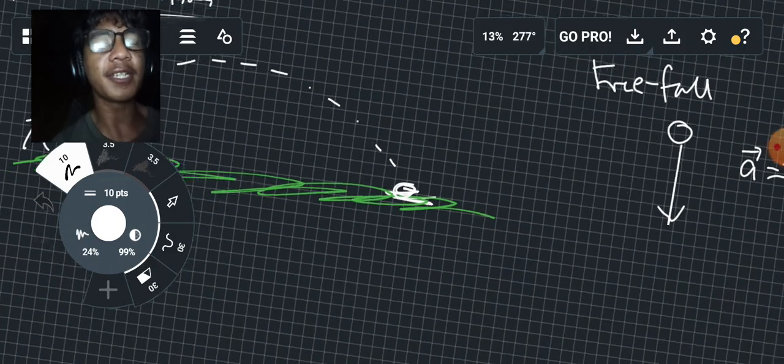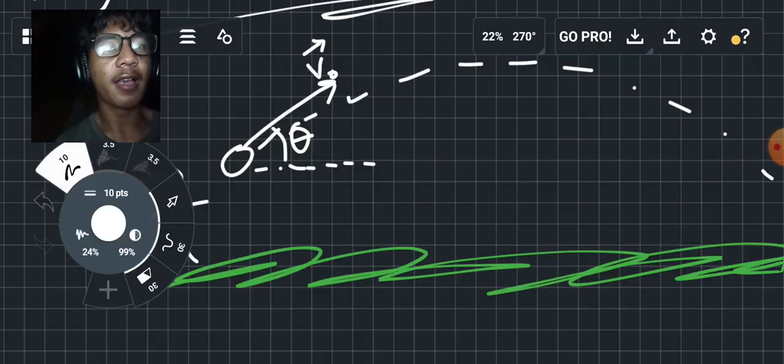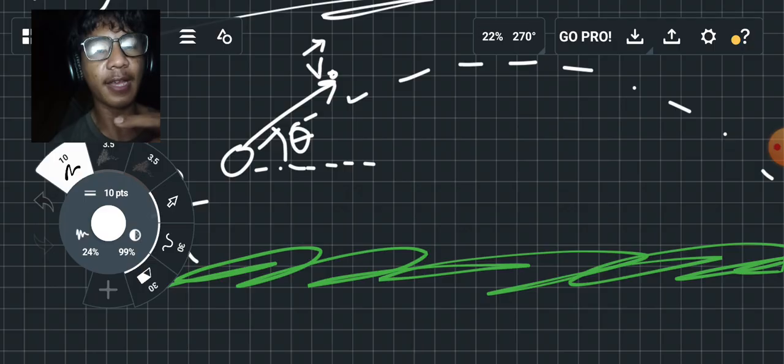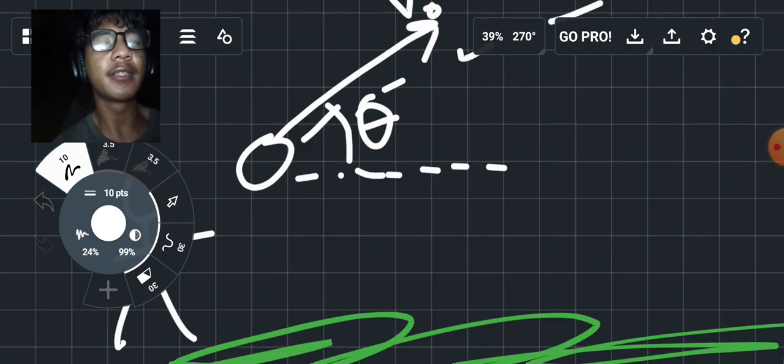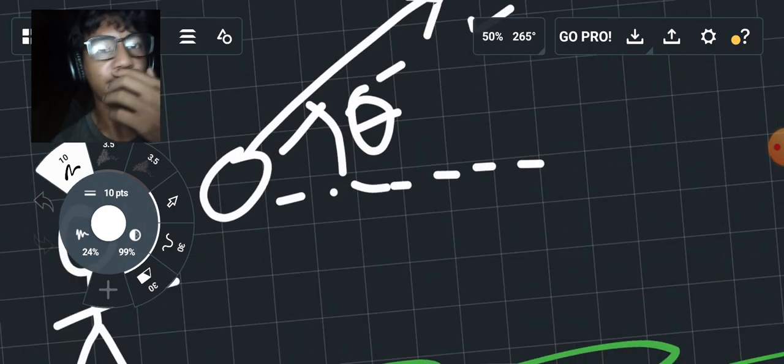The problem with projectile motion is that we can't operate on two dimensions at once. So we have to break this into components. The way we do that is we use trigonometry.